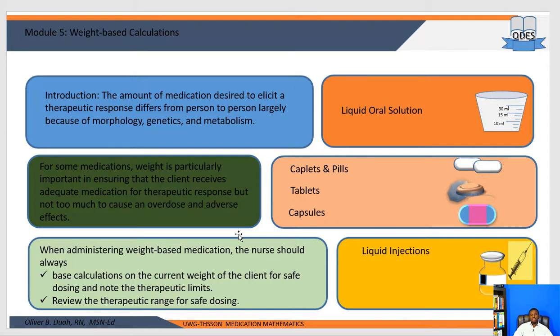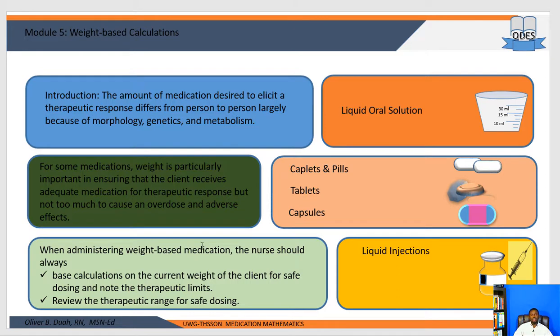We can give a weight-based medication through the different routes that we talked about. So we can give it orally or PO in the form of liquid oral solution, caplets, tablets, pills, capsules. We can also give it intramuscularly or IV, such as liquid injections or intravenous infusions.